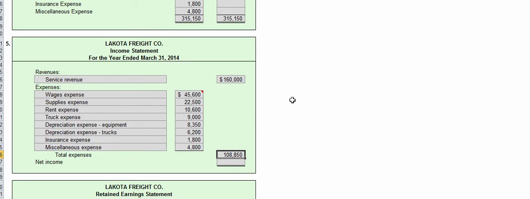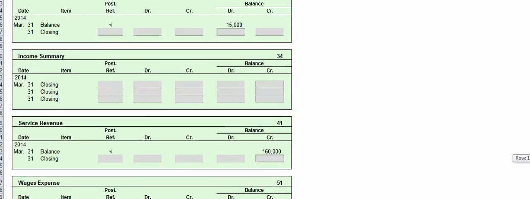Now remember, back from chapter 1 on the income statement, we take total revenues minus total expenses, and if that's a positive number, it gives us net income. It is going to be a positive number here because 160,000 is greater than the 108,850, and that gives us net income of 51,150. Well, let's check that out with our worksheet.